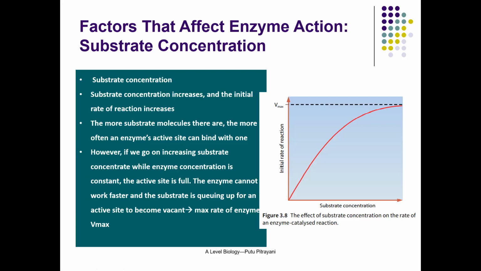So the active site is full and there is no empty active site to bind with the substrate. So the enzyme cannot work faster and the substrate will be queuing up for the active site to become vacant. When they reach this point, when the rate of the reaction becomes constant, it means this is the maximum rate of the enzyme in this system, or we call it the Vmax.